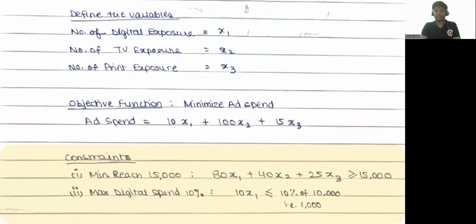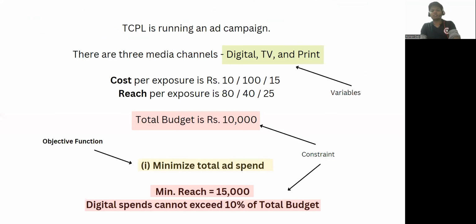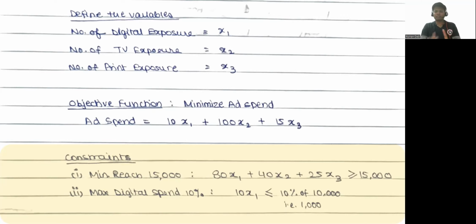After that, you input the constraints. So there are three constraints. In fact, the first constraint was given in the question. This total budget of 10,000 is the first constraint that is there for both the cases. Second constraint is the minimum reach of 15,000. So 80 is the reach per ad in digital. So 80 into x1 plus 40 into x2 plus 25 into x3. It's the reach per ad into different mediums.